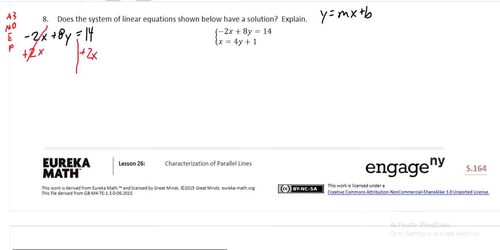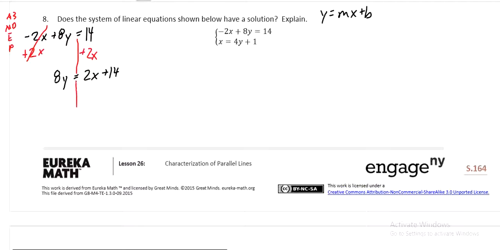So there we have that. Let's see what's left. We have 8y equals, now here I could put 14 plus 2x. I'm going to put 2x plus 14 because with addition it doesn't matter what order I put it in. And I like to have the x term in front because mx should be the first term on the other side of the equal sign from y. Now we have 8y, and we just have to move that 8.